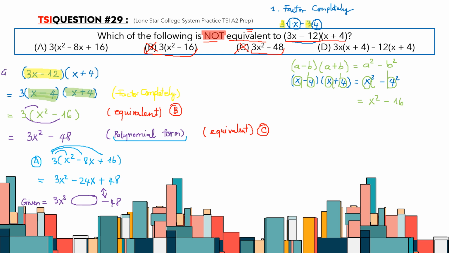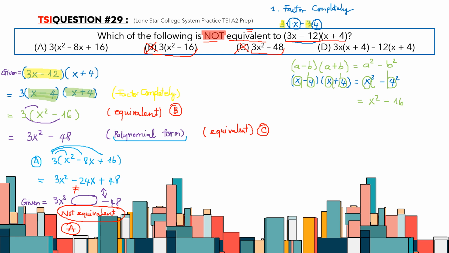This is the given. Okay. So we see that answer choice A is not the same as the given one. So it's different. So it's not equivalent. A is not equivalent.